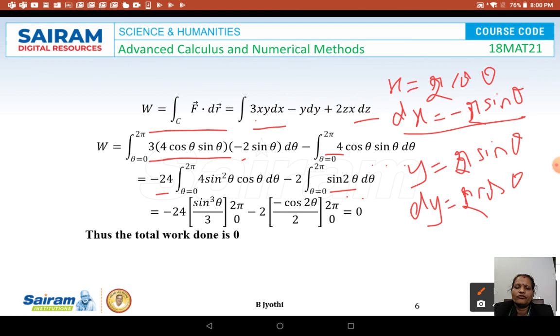Therefore, we are getting 24 sin cube theta divided by 3, where theta is varying between 0 to 2 pi, and minus 2 into the integral of sin 2 theta, which is given by minus cos 2 theta divided by 2, and the limit is 0 to 2 pi. Therefore, it is equal to 0. Hence, we get the total work done as equal to 0.